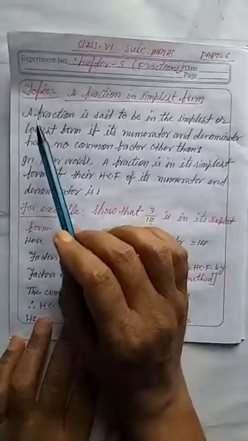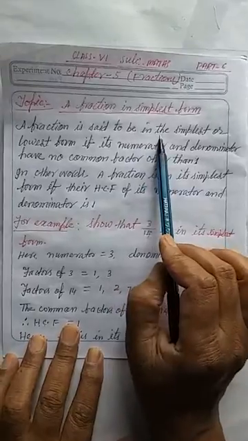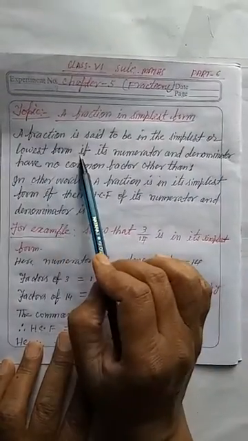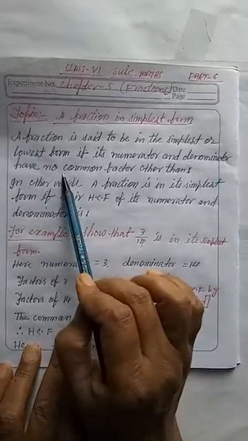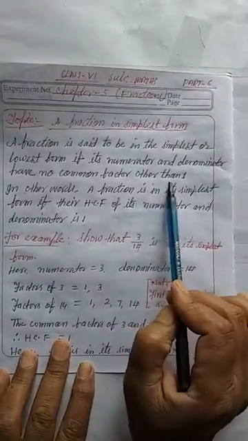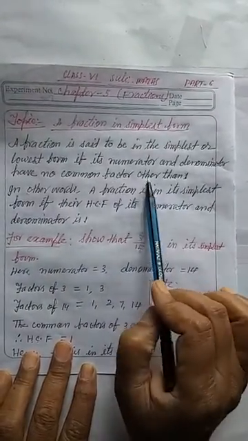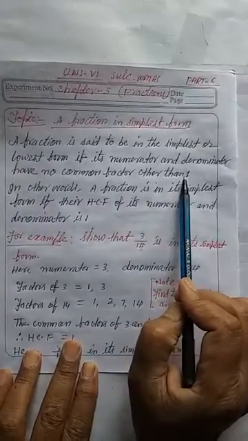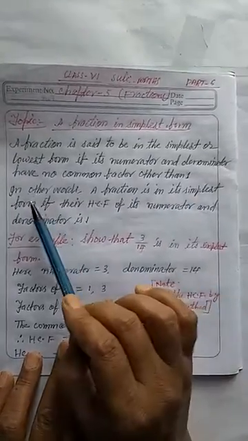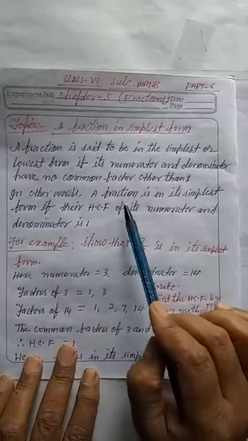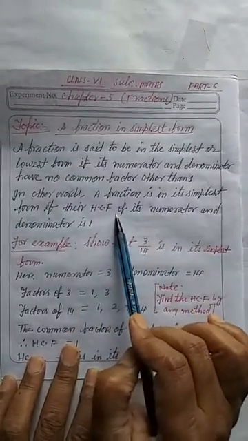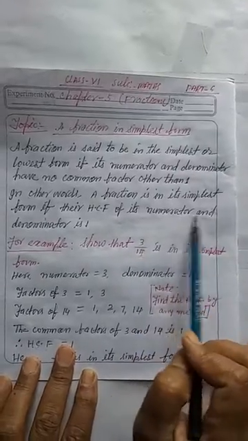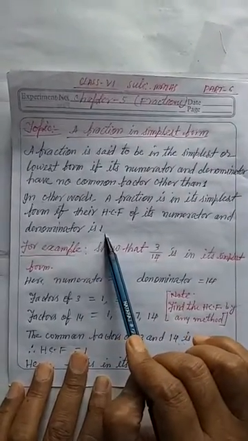A fraction is said to be in the simplest or lowest form if its numerator and denominator have no common factor other than 1. Means, other than 1, no common factor. In other words, a fraction is in its simplest form if the HCF of its numerator and denominator is 1.